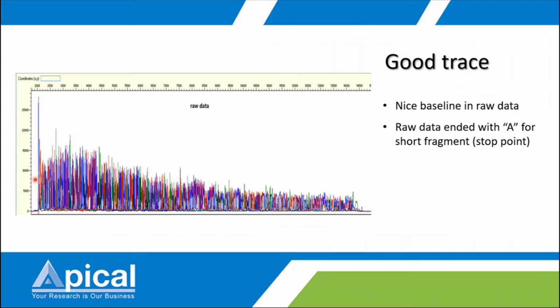As long as the baseline is not flying up, it means your DNA sample is pure. Sometimes you will see some flying up and a white region here, and then the baseline flying up. That means your sample has some impurity.